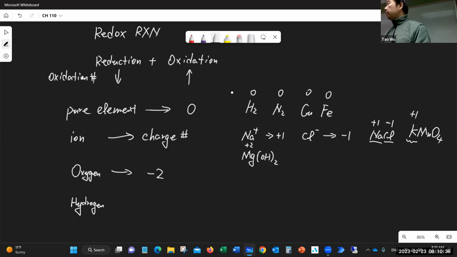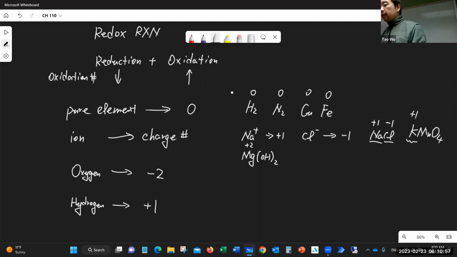For peroxide, it's -1, but for all other cases, it's -2. Okay, and I'm not going to test you on peroxide, so you don't have to worry about that. Hydrogen, in most cases, is always +1.